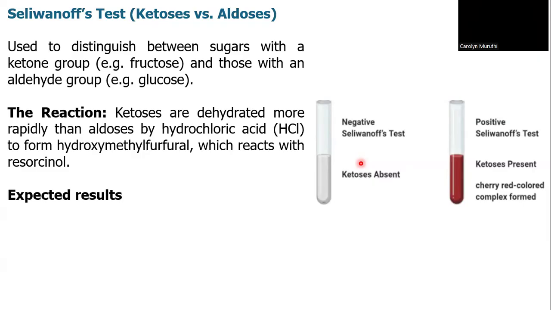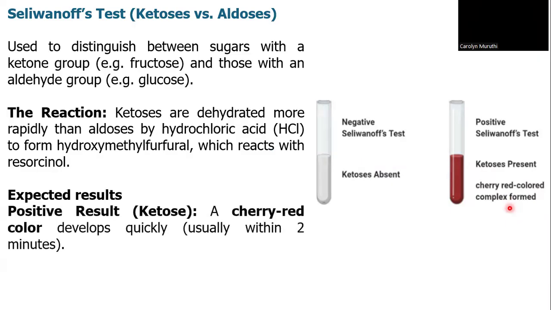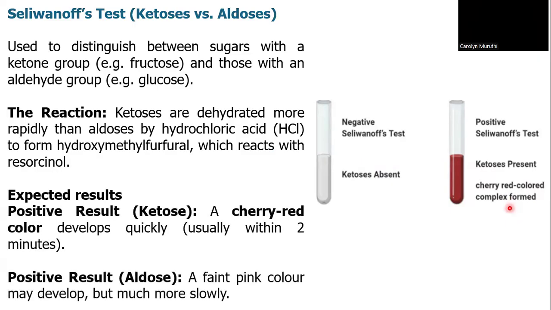That means between glucose and fructose, fructose will be dehydrated more rapidly compared to glucose, and with the hydrochloric acid it reacts and forms a cherry red colored complex. For aldoses, it will form a faint pink color, which tends to develop more slowly compared to the ketose. So it's able to distinguish whether a sugar is a ketose or an aldose.